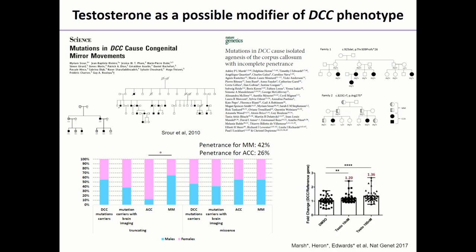And because there was in the literature a debate about the effect of testosterone on the morphology of the corpus callosum, given the penetrance seen differently for males and females for ACC, we looked at the effects of testosterone on the expression of DCC.